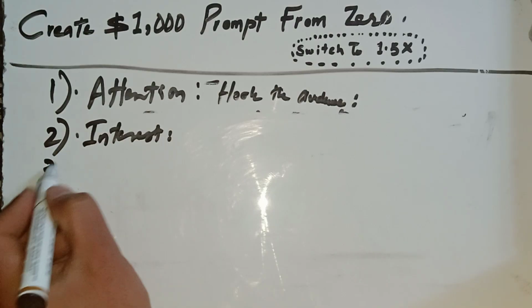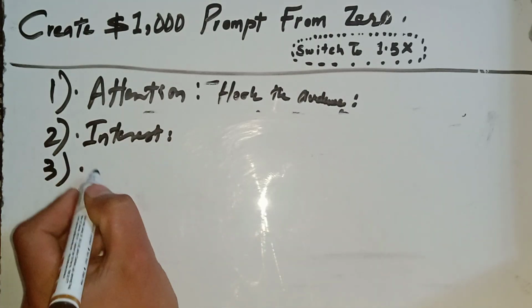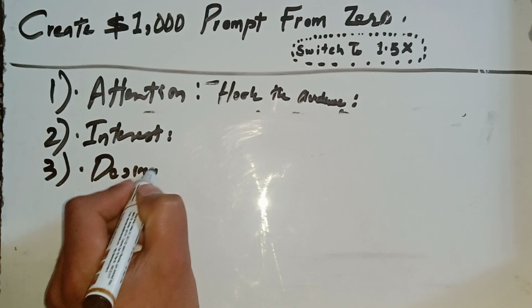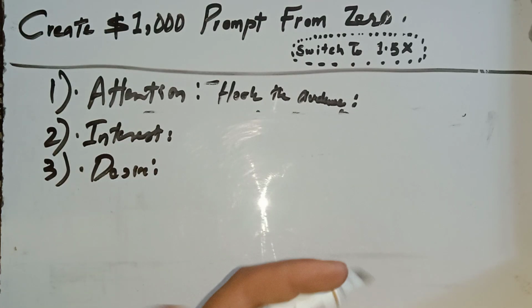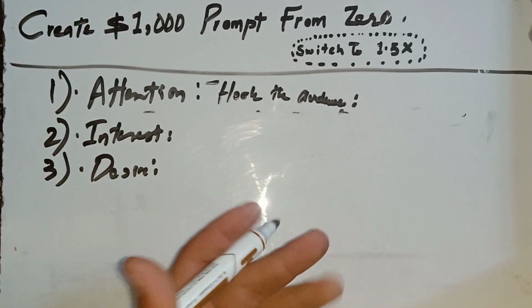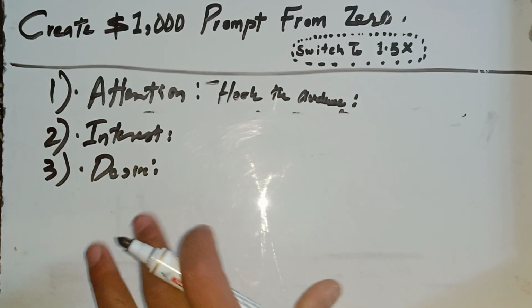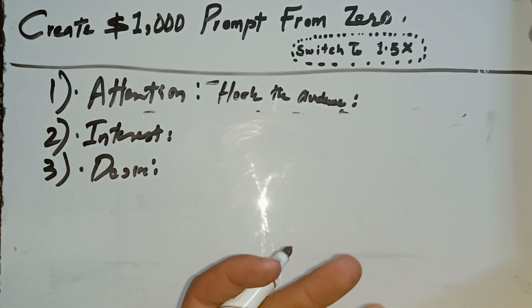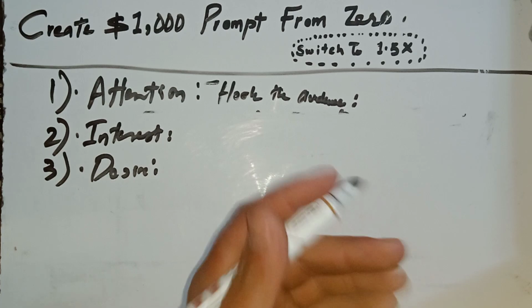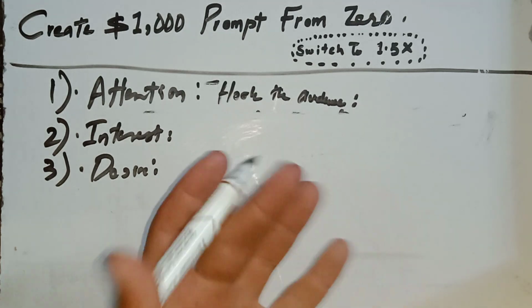And number three in this framework comes desire. This is the most crucial part, because most people don't know where to instruct AI to create emotional want. You must tell AI to make the audience imagine benefits, imagine transformation or opportunity.